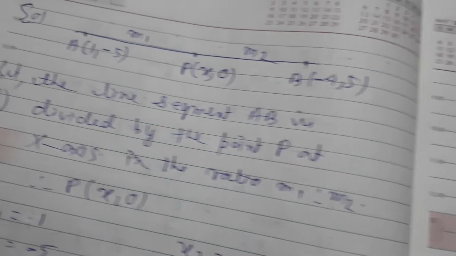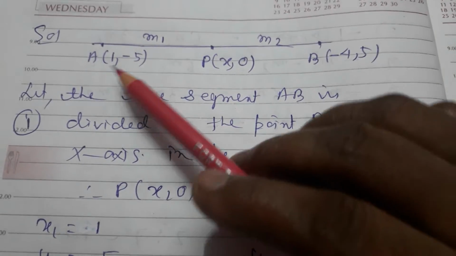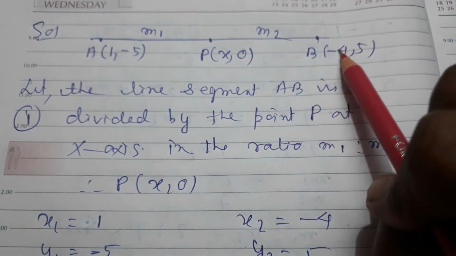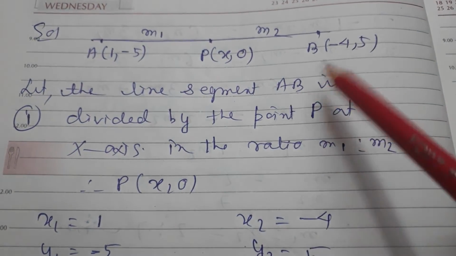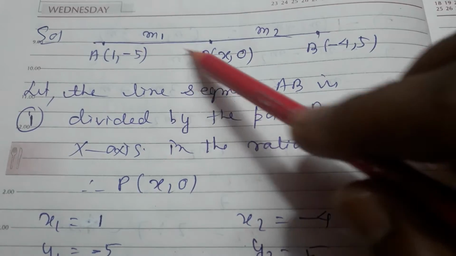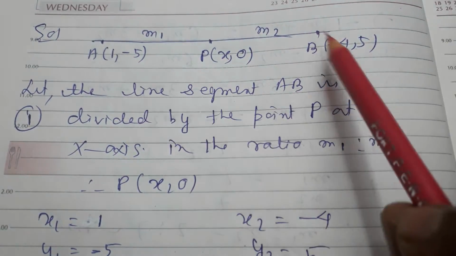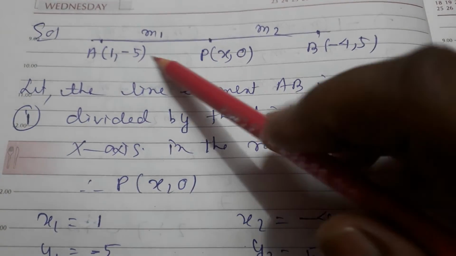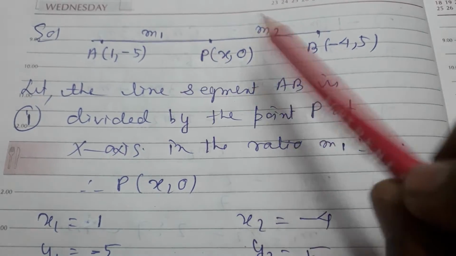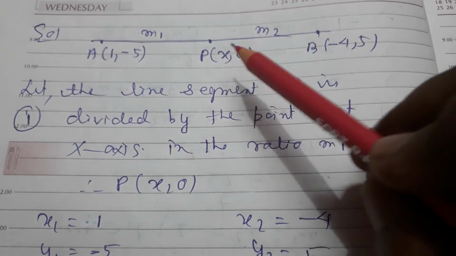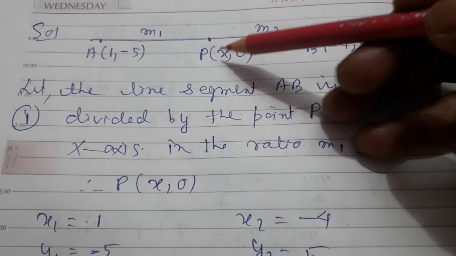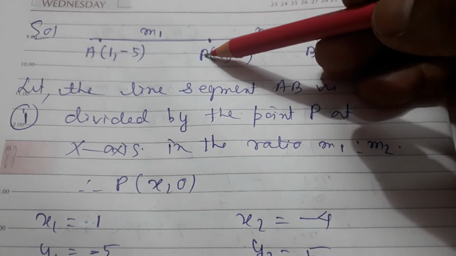Now look whatever is given in the question. AB is the line segment whose coordinates A and B are given, and P is a point which divides the line segment AB, suppose in the ratio m1 is to m2, and coordinate of P is (x, 0), because it is given that P is a point on x-axis.